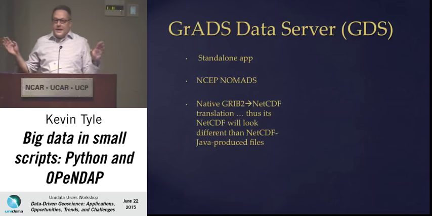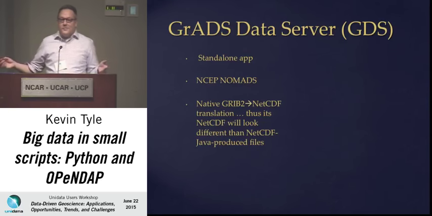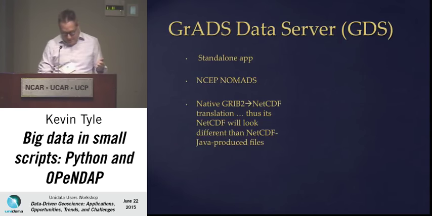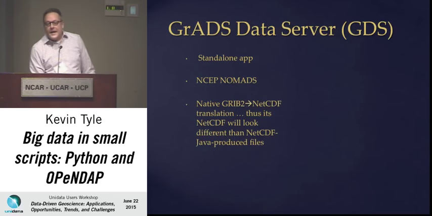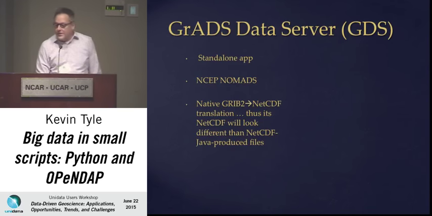It means that we can't just write one type of Python program that reads in netCDF-Java and generalize it so it can read and work the same way depending on whether we're reading from a THREDDS server versus a GrADS server.